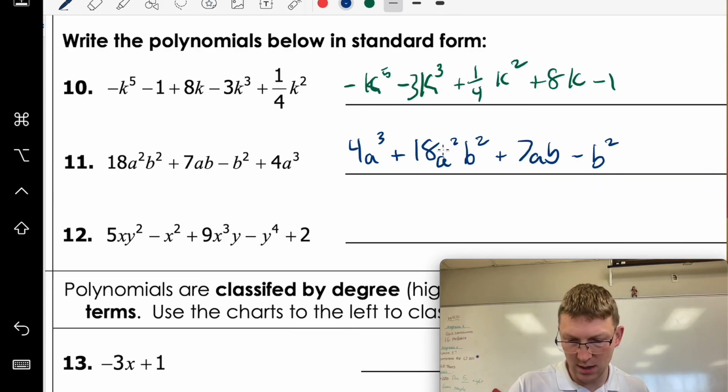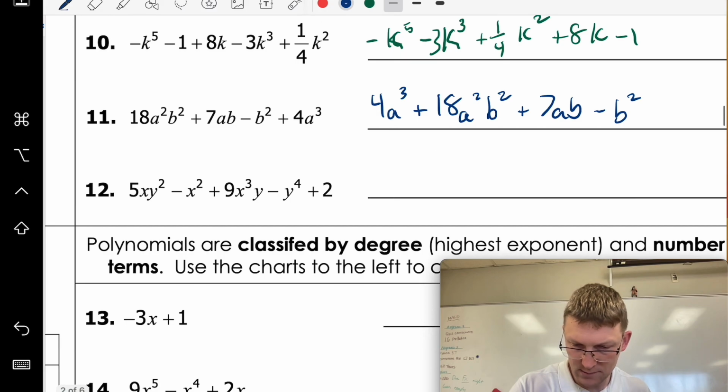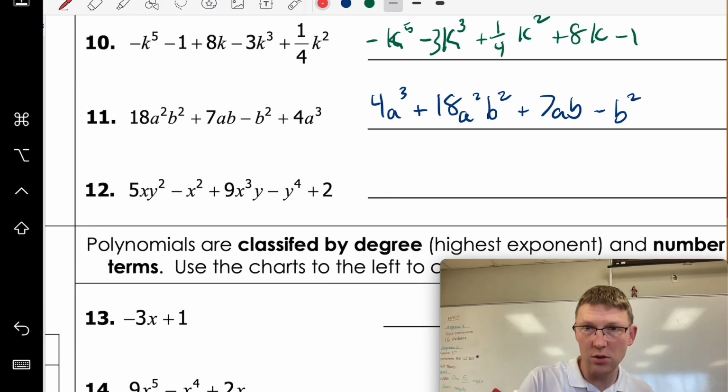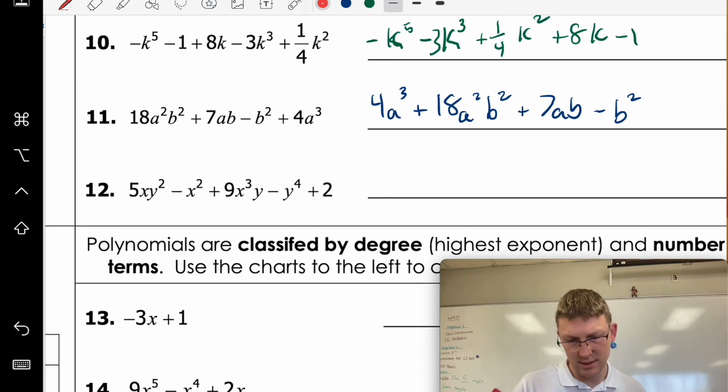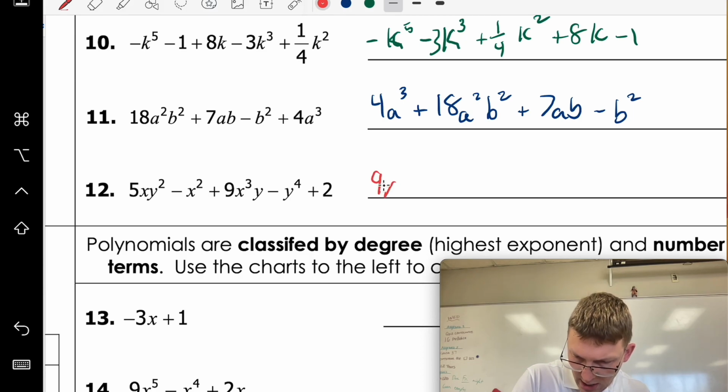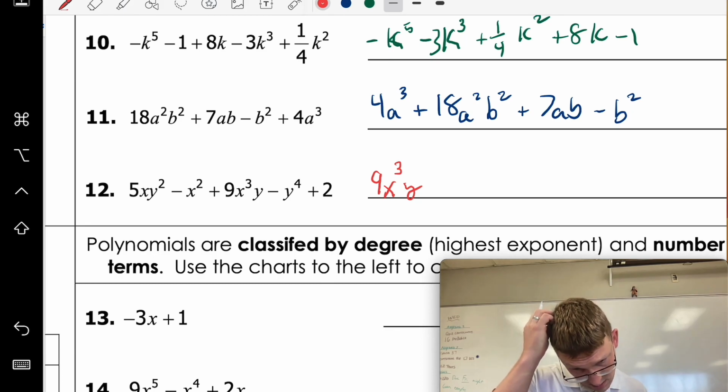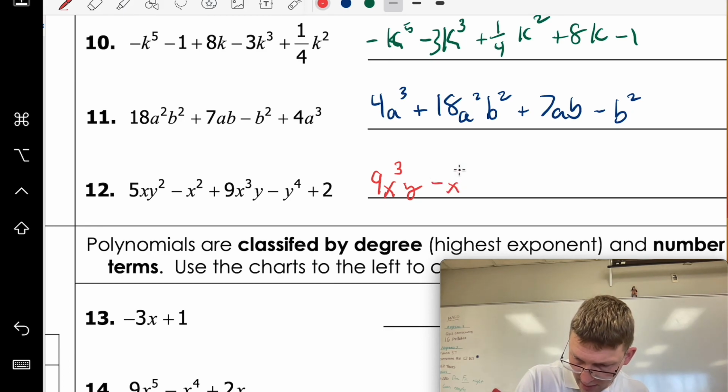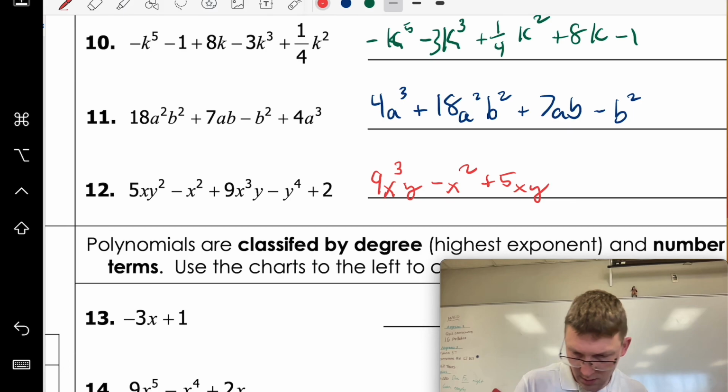And last but not least, we've got 5x, x squared, x cubed. So we'll start with our x's. We are just going to go in alphabetical order. So 9x cubed y minus x squared plus 5xy squared.